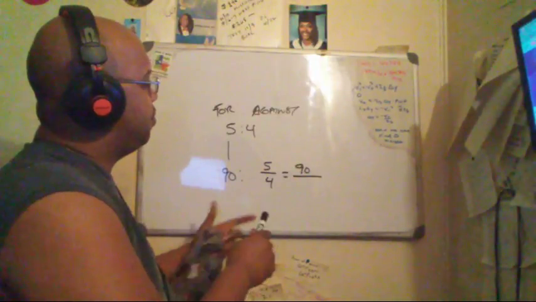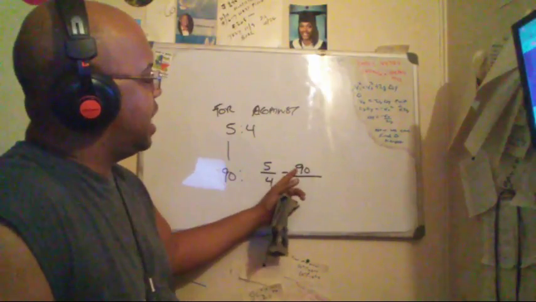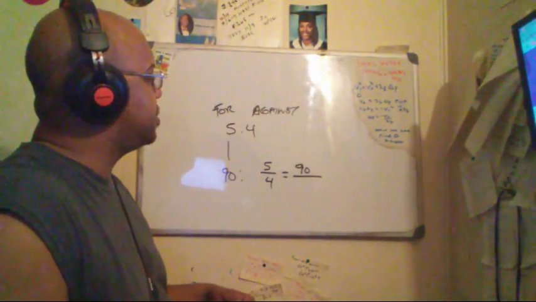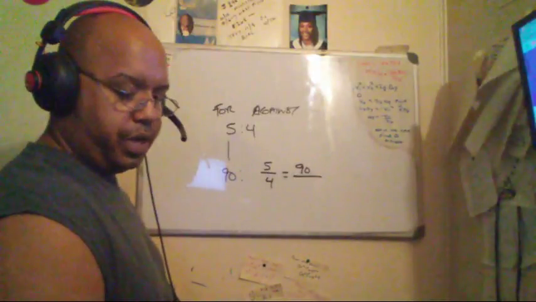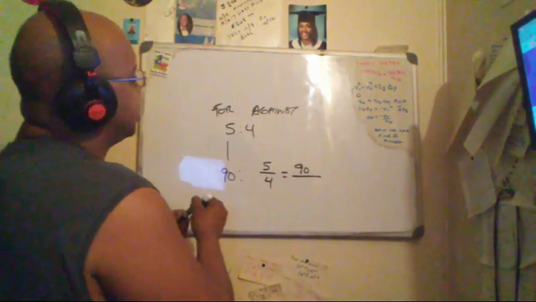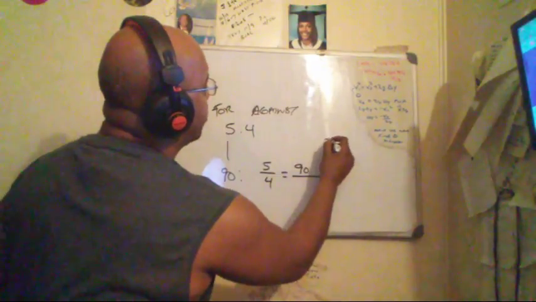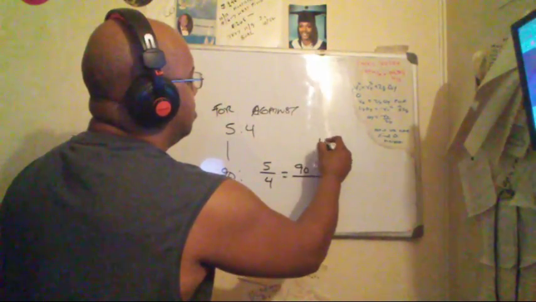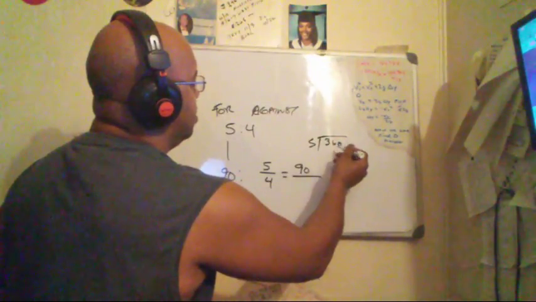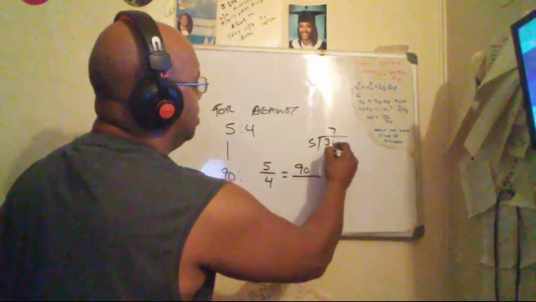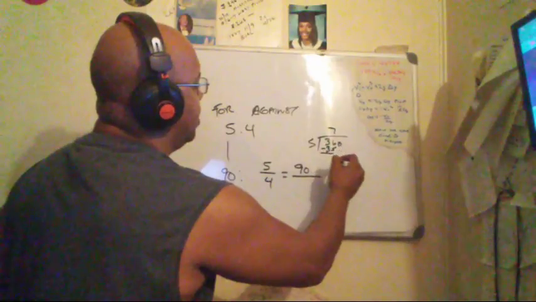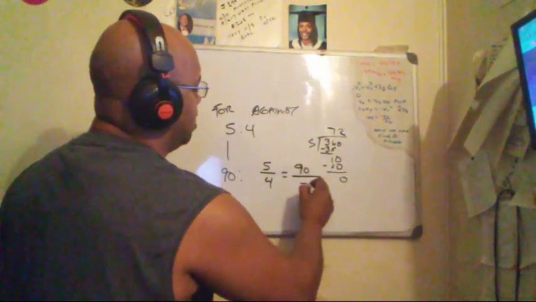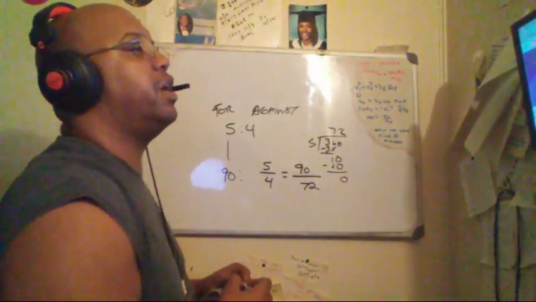In my head, 9 times 4 is 36, and then add a 0. So the answer is 360. And then we will divide 360 by 5. 5 into 36 is 7, 35, 1, 0, 2, 10 minus 10 is 0. So 72 goes there, Maria.